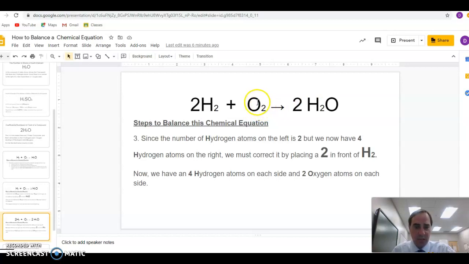That represents 2 oxygens going in. And then we've got, remember, this 2 multiplies by the 1 that would have been beside the oxygen. So the 2 times the 1 oxygen gives us 2 oxygens. So we've got 4 hydrogens going in, and 2 times 2 giving us 4 hydrogens coming out, 2 oxygens going in, and 2 times the 1 giving us 2 oxygens coming out.